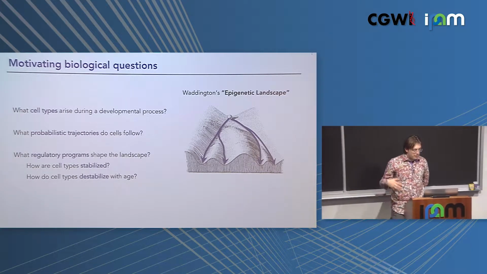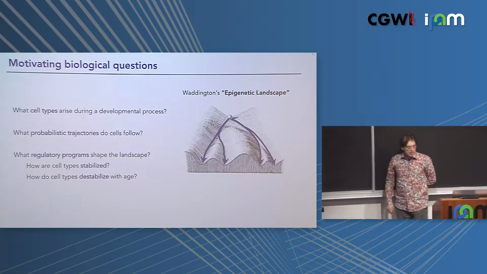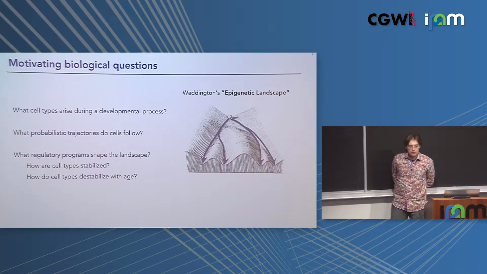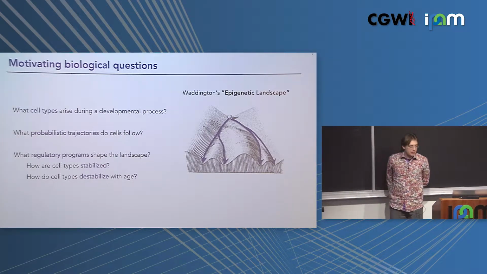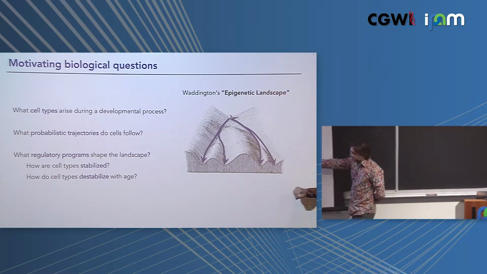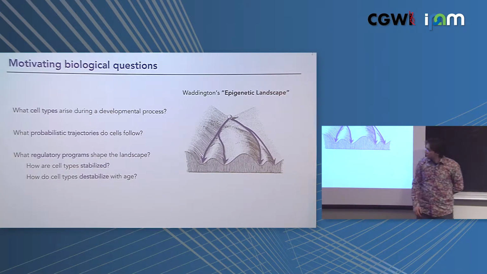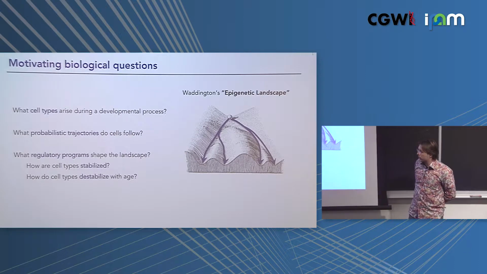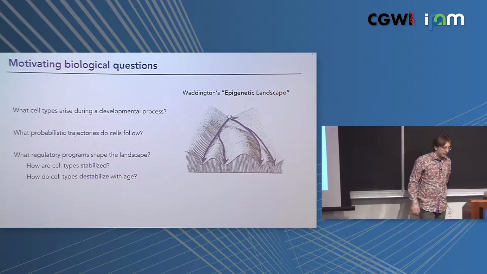So the medium question that we'll focus on today is, what trajectories might cells follow? And we'll hint at the very end of the methodology by addressing what regulatory programs shape the landscape.